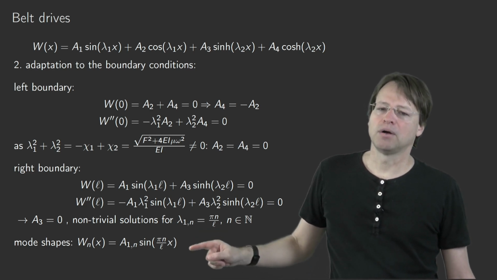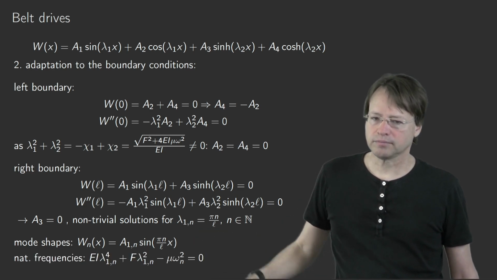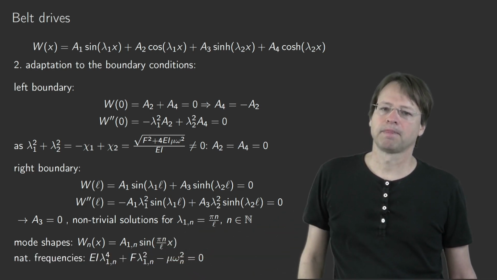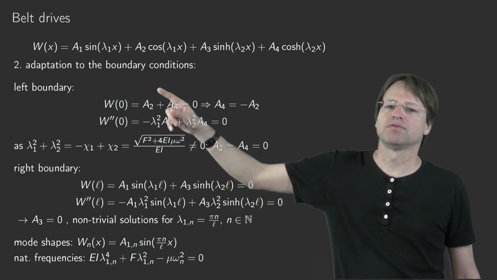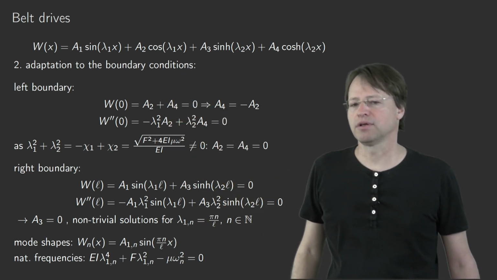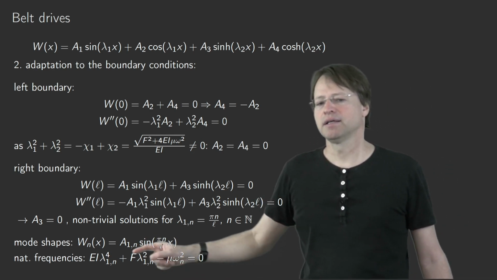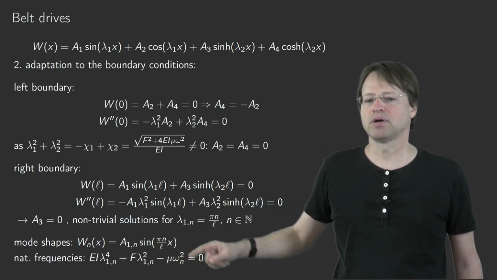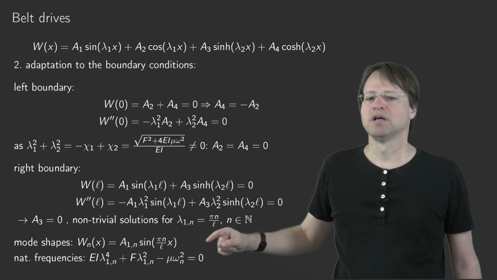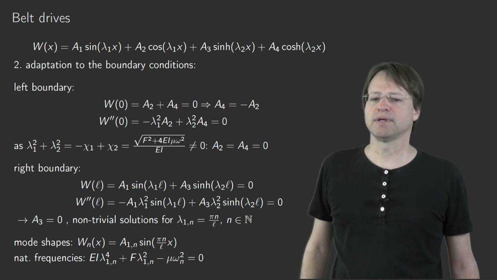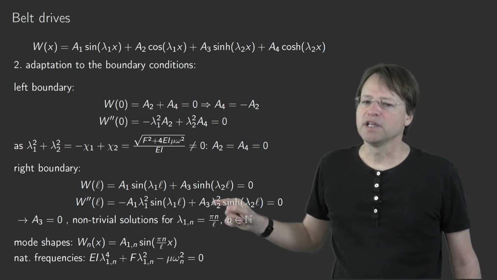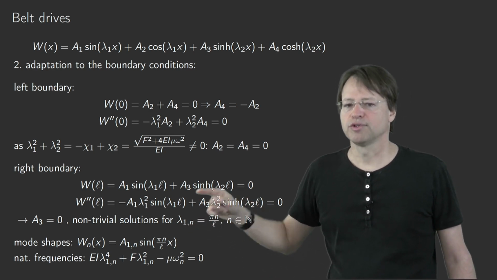Well, from our setting, when we solved the ordinary differential equation by inserting lambda, we obtained E times I, the bending stiffness, lambda to the fourth power plus F lambda to the second power minus mu omega squared is equal to 0. Now we insert these non-trivial solutions.